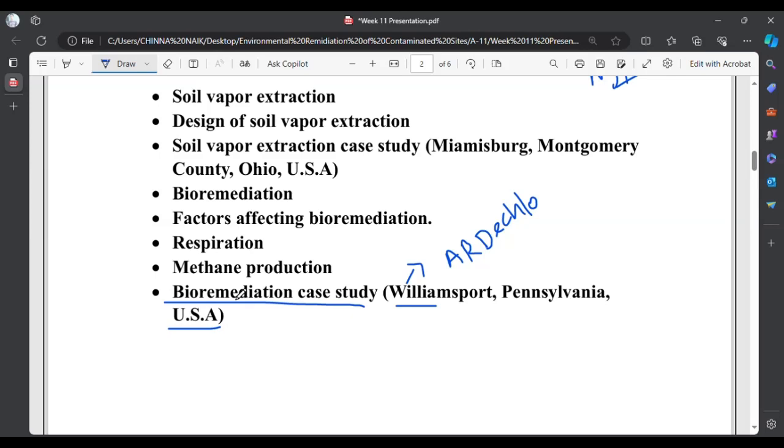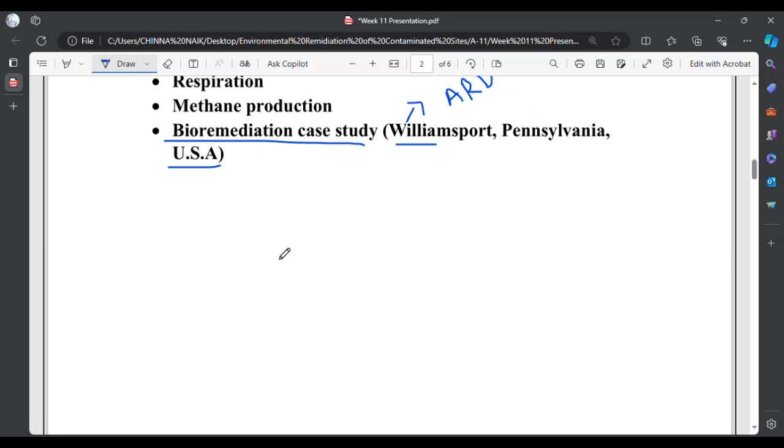Looking at the results of this case study, we observed that the concentrations of TCE, DCE and hexavalent chromium were reduced below their cleanup goals in many monitoring wells at the site. The concentration of hexavalent chromium was reduced by more than 99%, and TCE was reduced by around 90%.